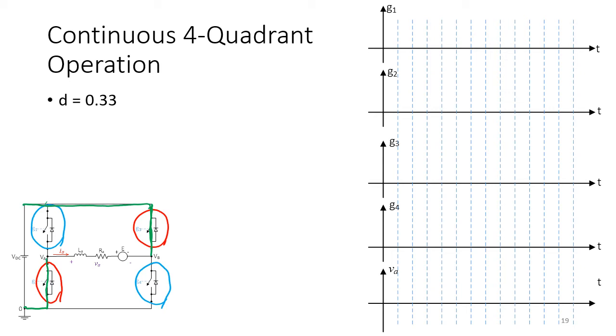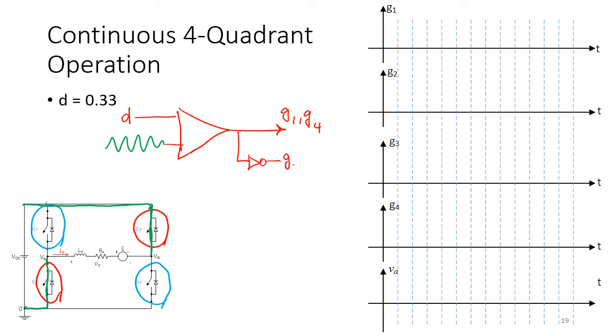The good thing is that it is generated very easily because we get D, our duty cycle, then we send it to a comparator with those high frequency triangulars. And then the result will be given to G1 and G4, and we just negate that and give it to G2 and G3.